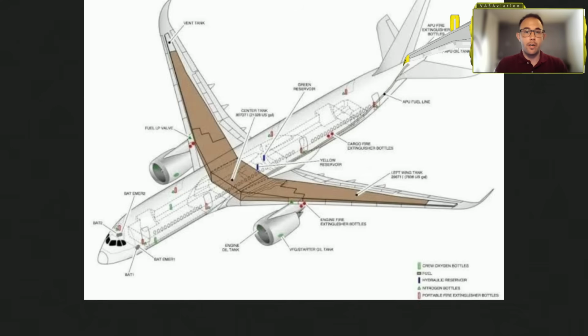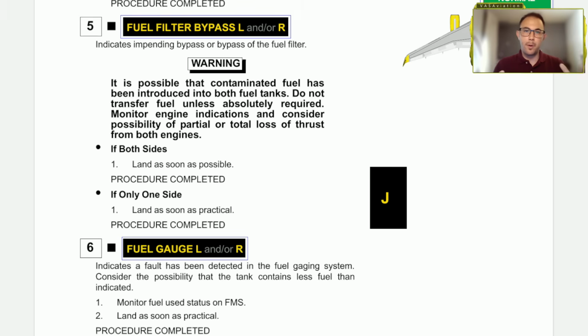In my aircraft, we only have two fuel tanks, one in the left wing and another in the right wing. The only purpose of the filter is to block the contaminants, the particles that can be in the liquid, so that liquid can reach its final destination as clean as possible.